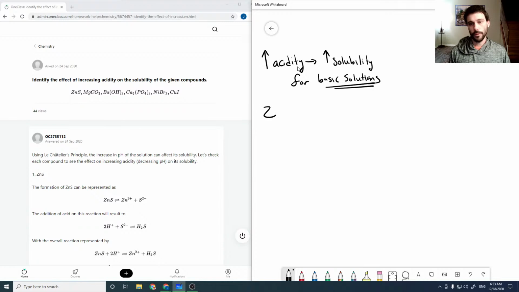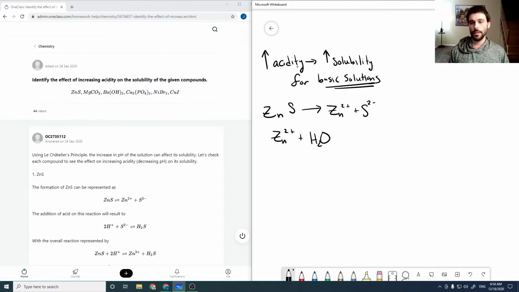So if we look here, for zinc sulfide, which is going to dissolve into zinc 2 plus and S 2 minus. Zinc 2 plus is one of the alkaline earth metals, the first 2 columns in the periodic table. Both of the first 2 columns form strong bases with OH.